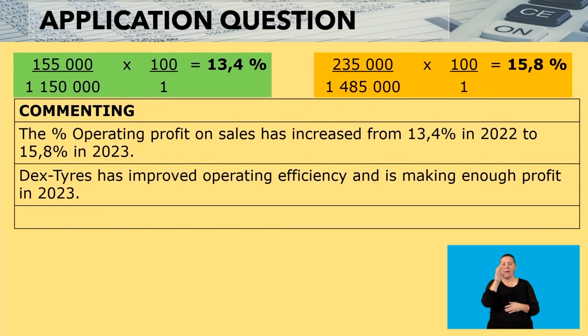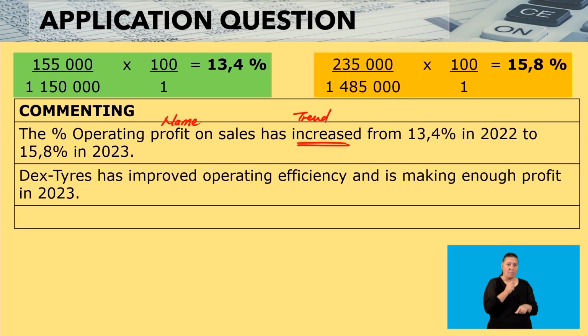So, there it is. The percentage operating profit, that's the name. The percentage operating profit on sales has increased. Very important, this is the trend.